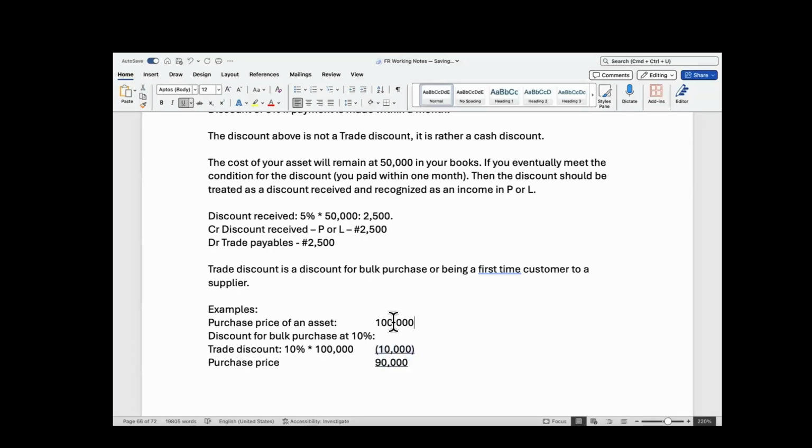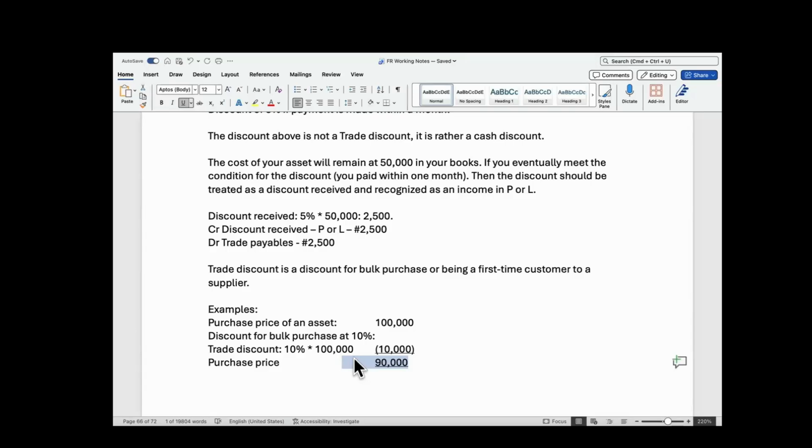This 90,000 is what will be on your invoice. The supplier would write it there. So the only place you can find a trade discount is on the invoice. You will not find it in the books of accounts, because it's 90,000 you enter into your books immediately. It's only on the invoice that the supplier gave you that you will know we were actually given a discount.